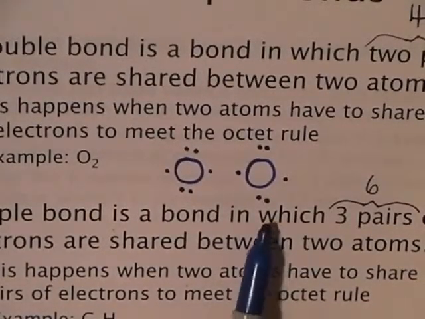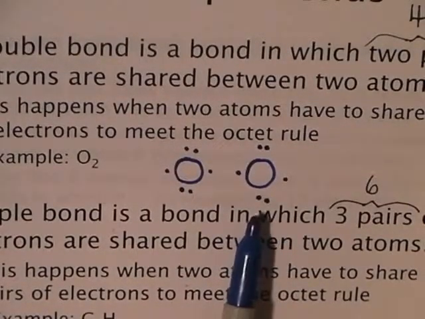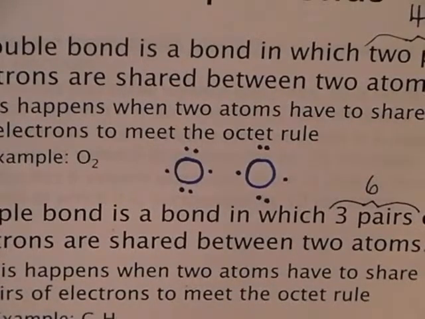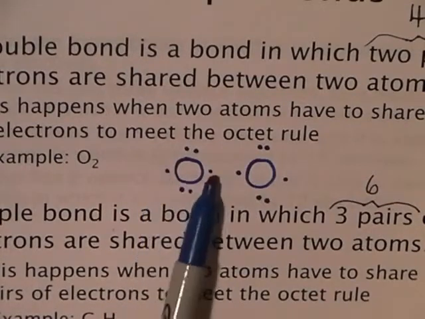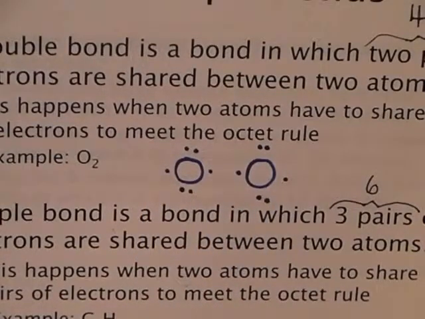So we've got 2 lone pairs and 2 bonding electrons on each oxygen. So how many bonds can each oxygen form? Hopefully you're saying 2, because each one has 2 bonding electrons. So that's exactly what's going to happen.